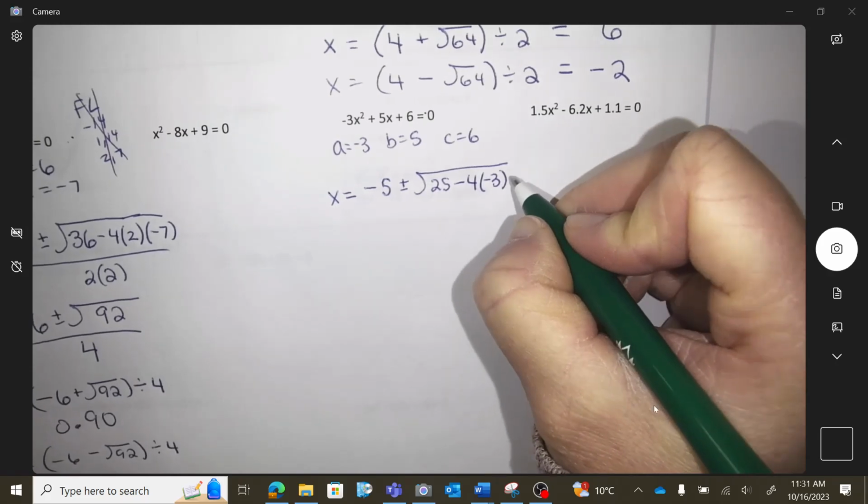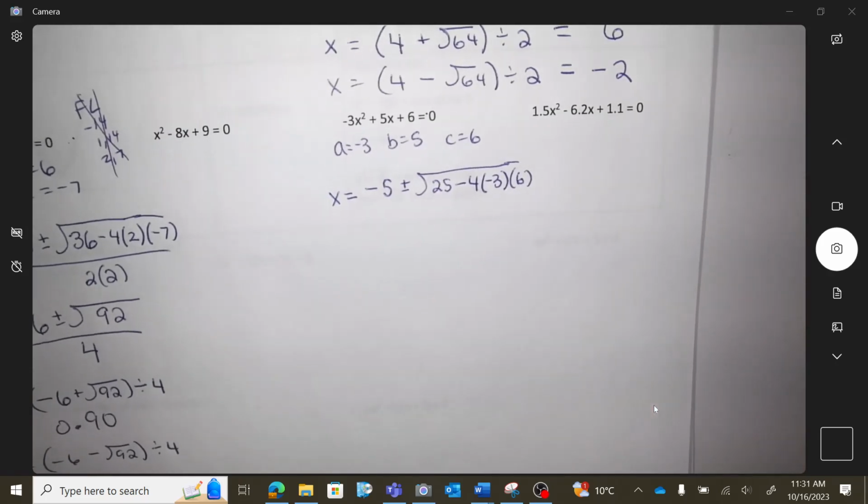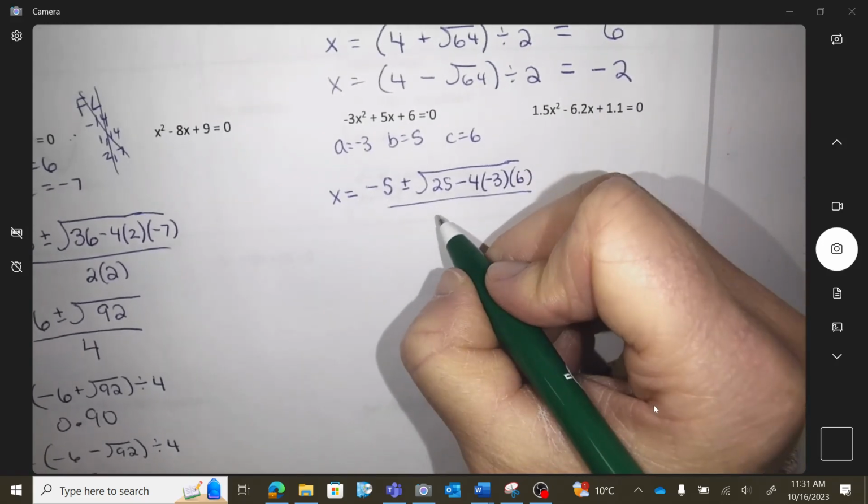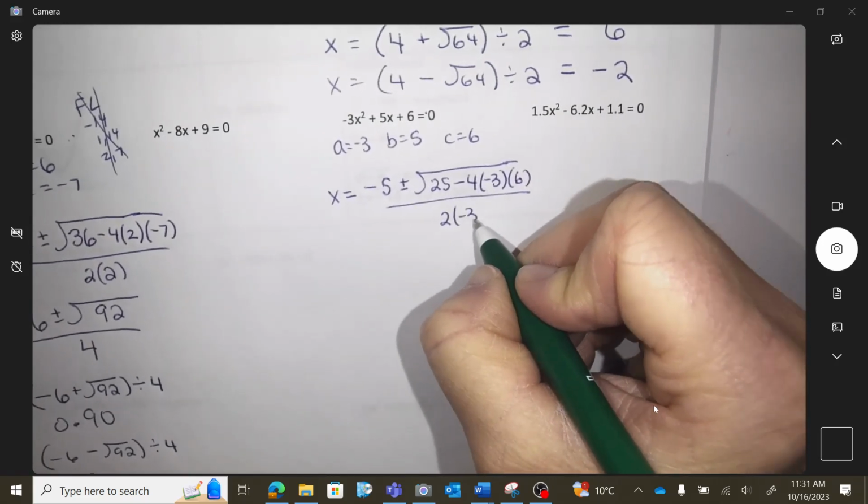Put a negative 3 and a 6 in those spots, over 2 times negative 3.